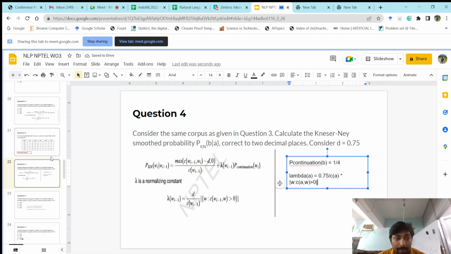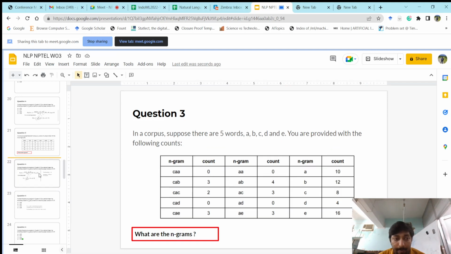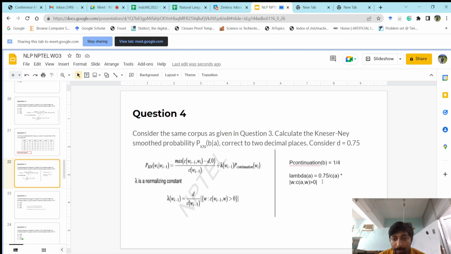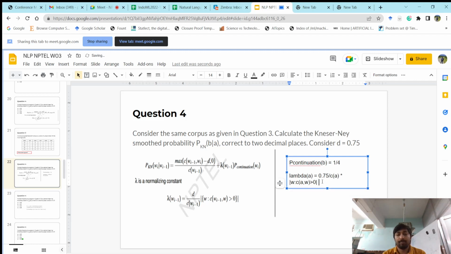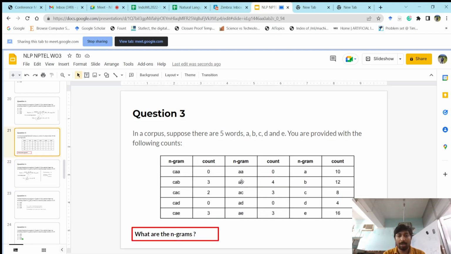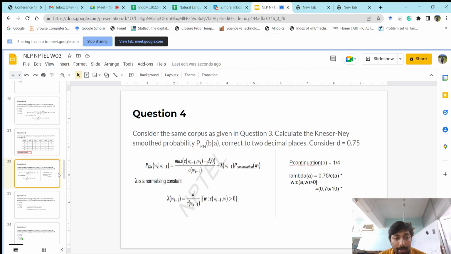C of A is 10, into the number of types where C of A comma W is greater than 0. How many cases are there? A comma W: three cases. This will be 3.